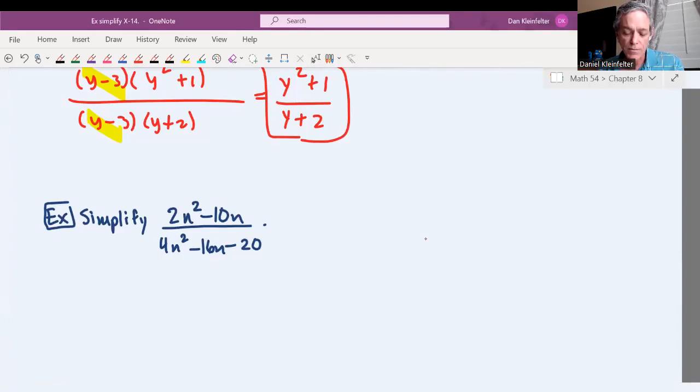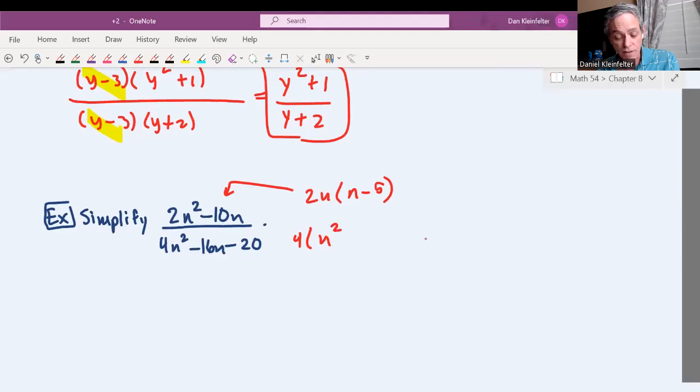All right, so working on the top first, it looks like a common factor of 2n can be removed. So if I bring out 2n, we'll have n minus 5. So that's what our top looks like. Down below, there's a common factor of 4, at least. Yeah, just 4. And so if I factor that out, we'll have n squared minus 4n minus 5.